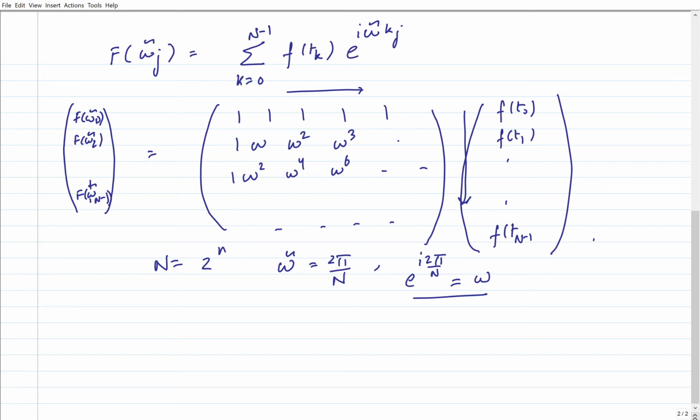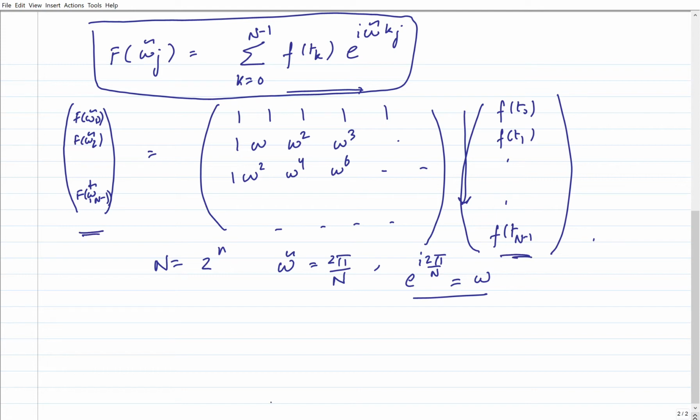So look at it. This is basically another way of looking at the Fourier transform. The Fourier transform is in a way a change of bases. I have two bases, and this is a matrix which takes me from one basis to the other basis.